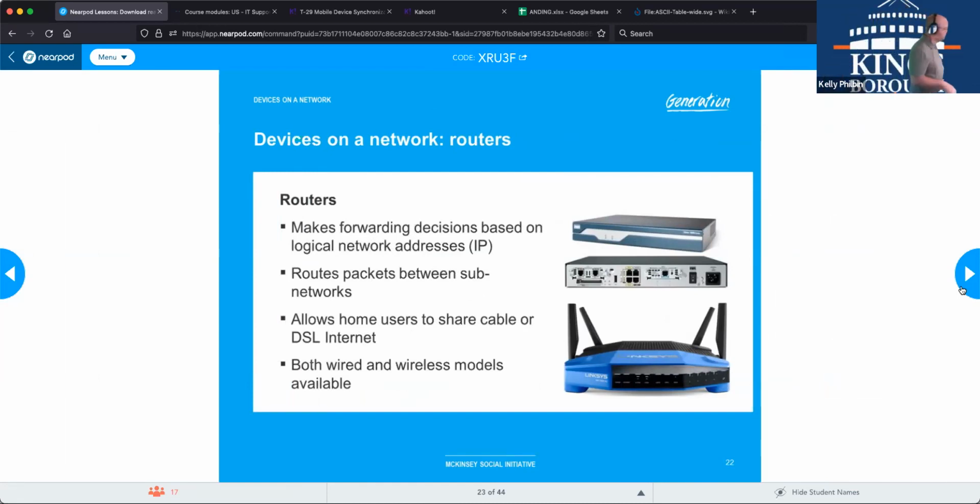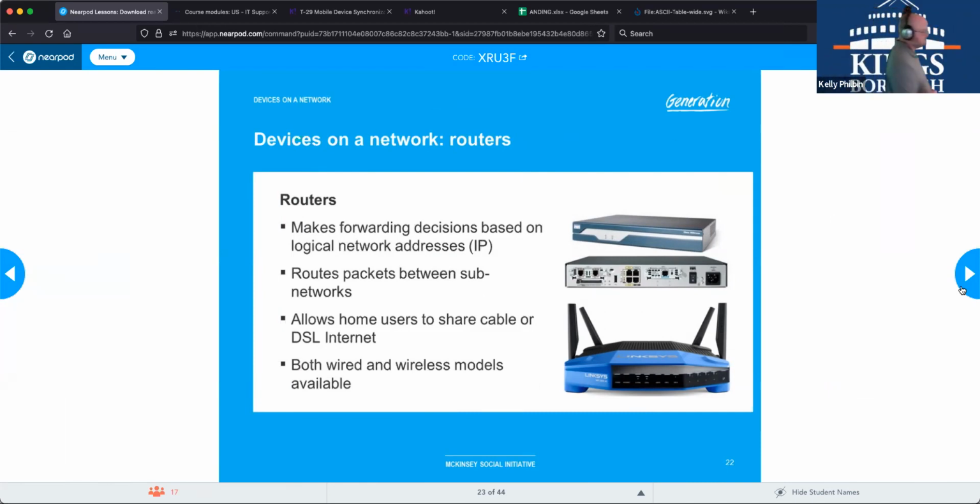Routers. These are layer 3 devices. They route based off of IP addresses, which is, we need IP addresses if we're going to communicate out onto the World Wide Web or internet. We use MACs typically to communicate on our networks, IPs off our networks.